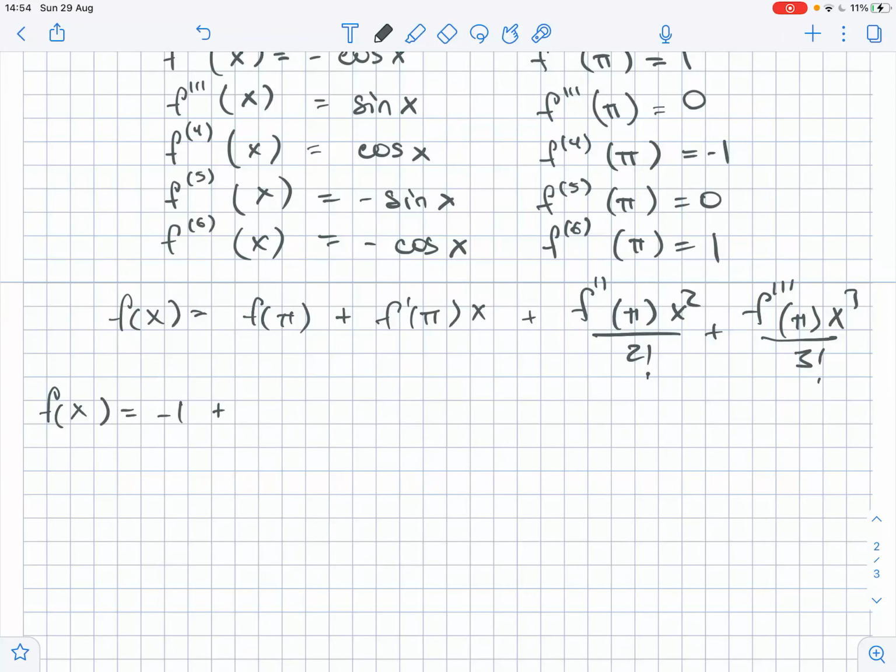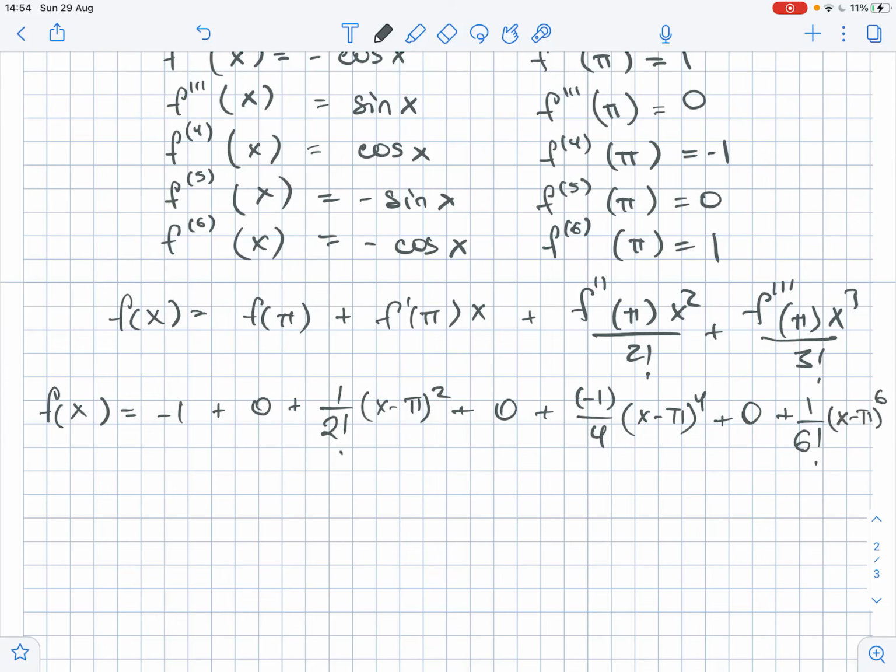So in our case we get that f of x equals negative 1 plus 0 plus 1 over 2 factorial multiplied by (x minus pi) squared plus 0 plus negative 1 over 4 factorial multiplied by (x minus pi) to the fourth power plus 0 plus 1 over 6 factorial times (x minus pi) to the sixth power and so on.